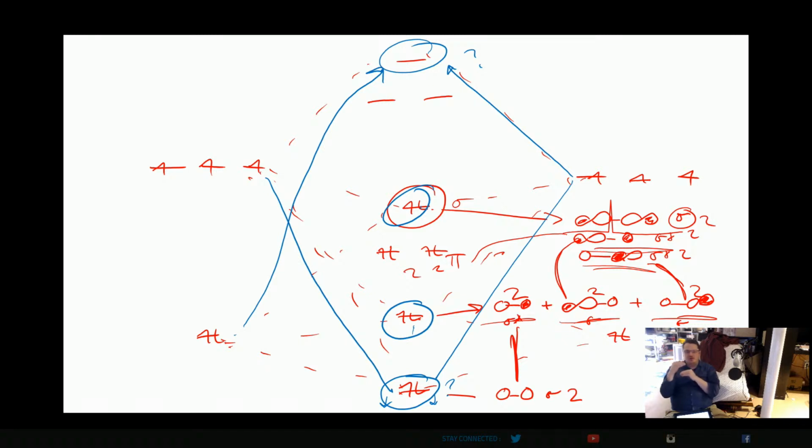Because the higher one has more of the anti-bonding character, the lower one has more of the bonding character, and the bonding character always has to be below the anti-bonding. You can never have the anti-bonding for one interaction be below the bonding character for one interaction. So it always has to follow bonding, anti-bonding, no matter what. Adding the bonding character pushes it down, and adding the anti-bonding character pushes it up.